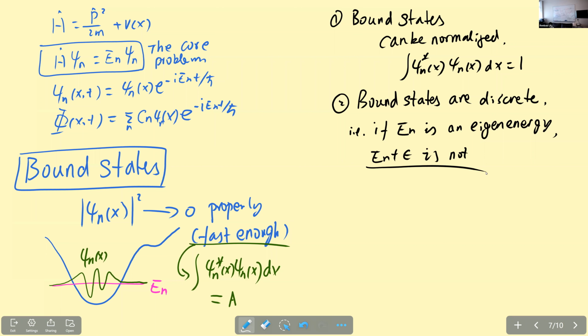So basically, you have this discrete spectrum: E1, E2, E3, okay. It's not like a continuum, right? So if you consider the solution of the free particle, in that case, you see that the states are not bound states because they cannot be normalized. Secondly, the energy is actually distributed continuously from 0 to positive infinity. But for bound states, this must be discrete.